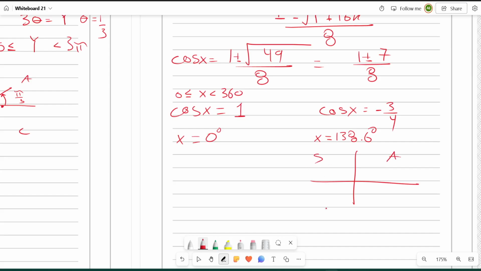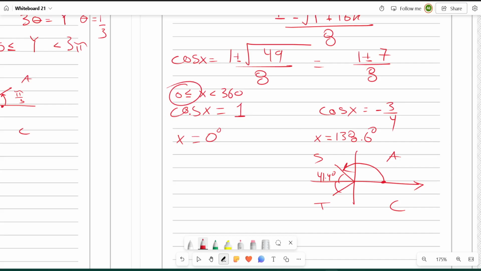So A, S, T, C. Cosine is negative in the sine and the tan part. First angle is positive 138, so 138 anti-clockwise from the positive x-axis. That means that this is 180 minus 138.6, which is 41.4 degrees. And this is also 41.4 degrees.